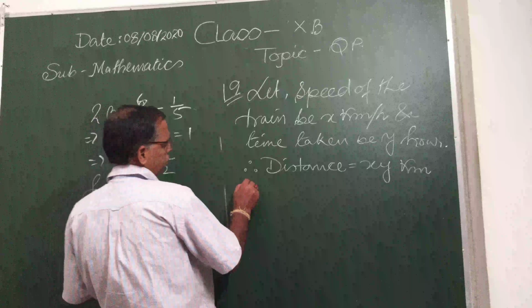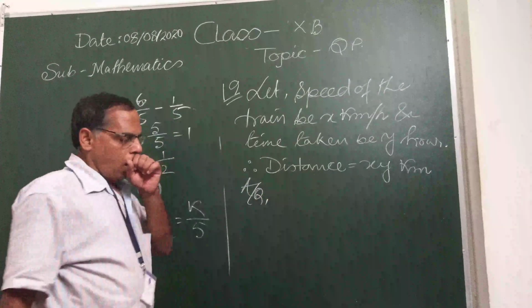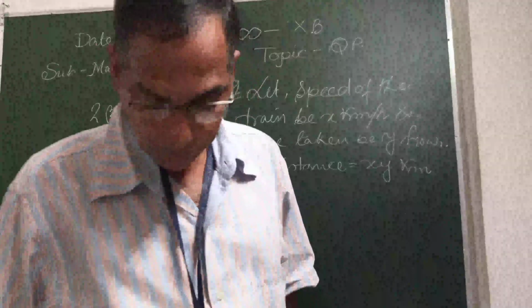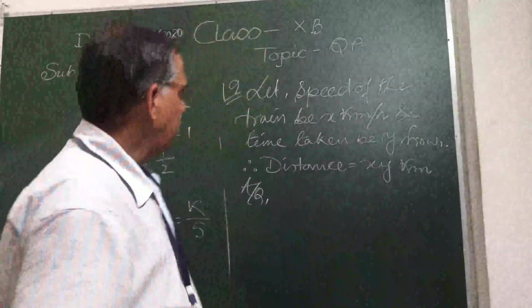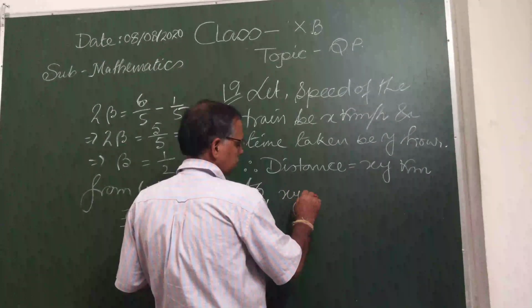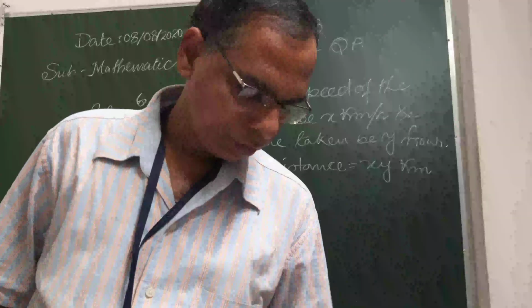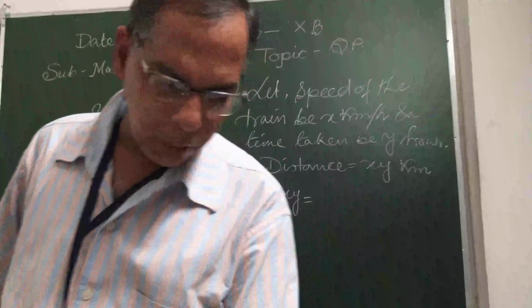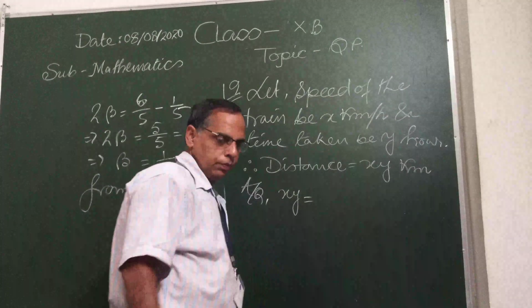Now according to the question. What is that? See, now the product xy. If speed is increased by 6, time will be reduced by 4.